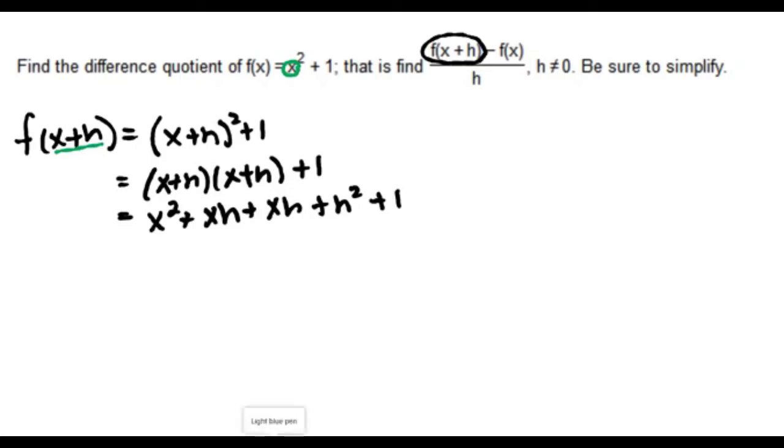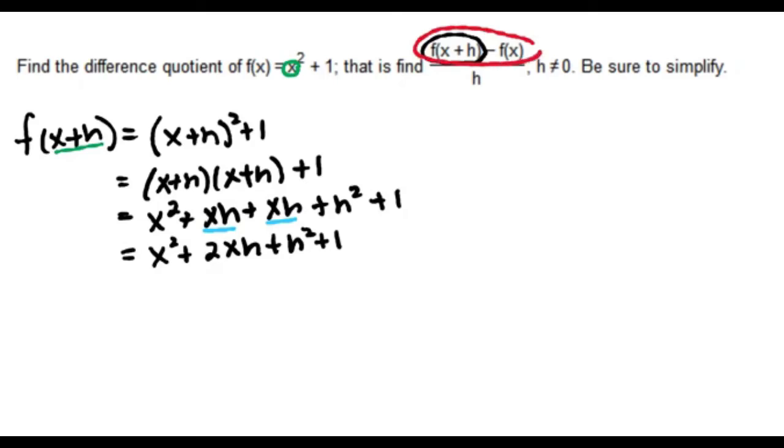We do have some like terms that we can combine together. We have two terms with xh. So when we combine those like terms, we get 2xh plus h squared plus 1. So we've calculated f of x plus h, and now we'll calculate the whole numerator.